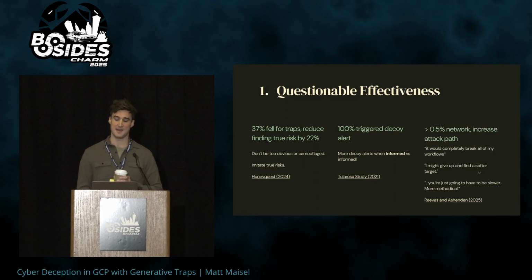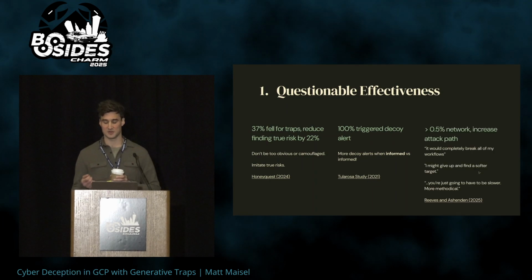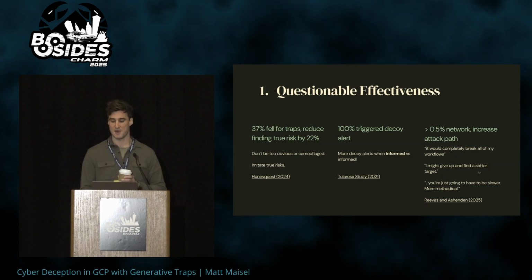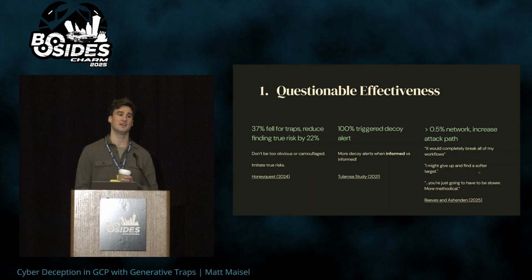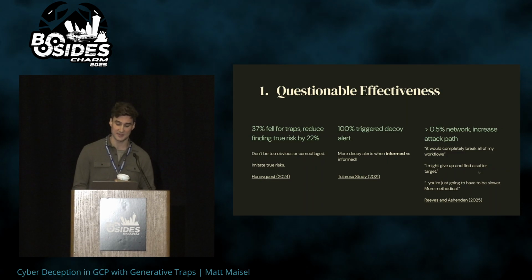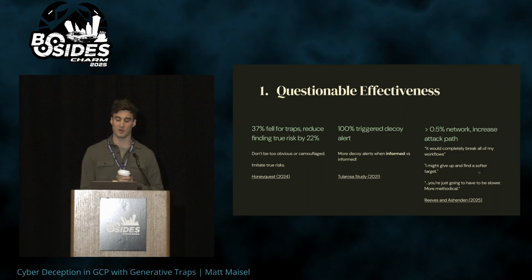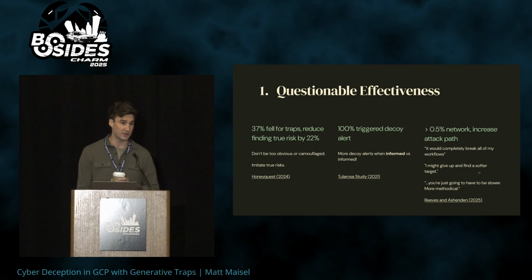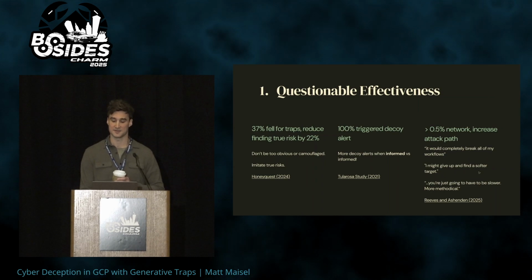And to further reinforce that, at least in academic research right now, there are ongoing studies by a group trying to understand the optimal number of traps as a percentage of the network, and how that may or may not increase the attack path length of attackers.